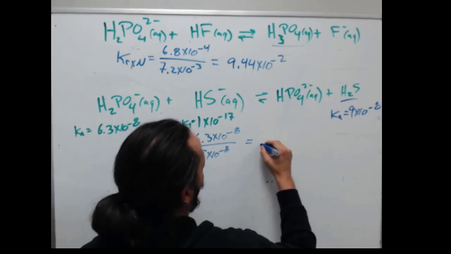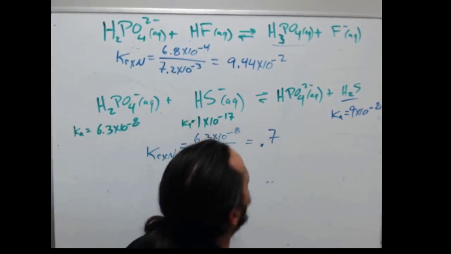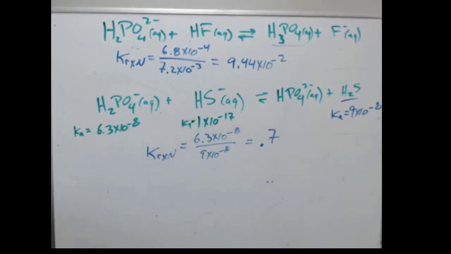And I get 0.7. Pretty strong equilibrium. This isn't going to go completely towards products. This is one of those really awkward cases where it's a lot towards products, but not completely towards products. It's still a lot of products and reactants, right? It's almost one. It's almost going to be balanced products and reactants.